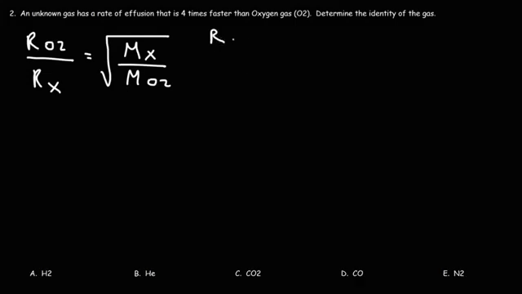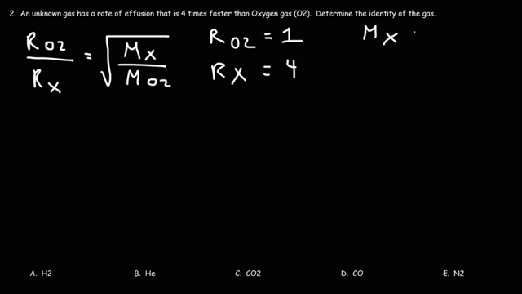So if we give the rate of diffusion for oxygen gas a value of 1, then the rate of diffusion of this unknown gas is 4 times greater. It has to have a value of 4. If we gave oxygen a value of 2, the rate of diffusion of this gas will be 2 times 4, 8. But let's use 1 and 4.